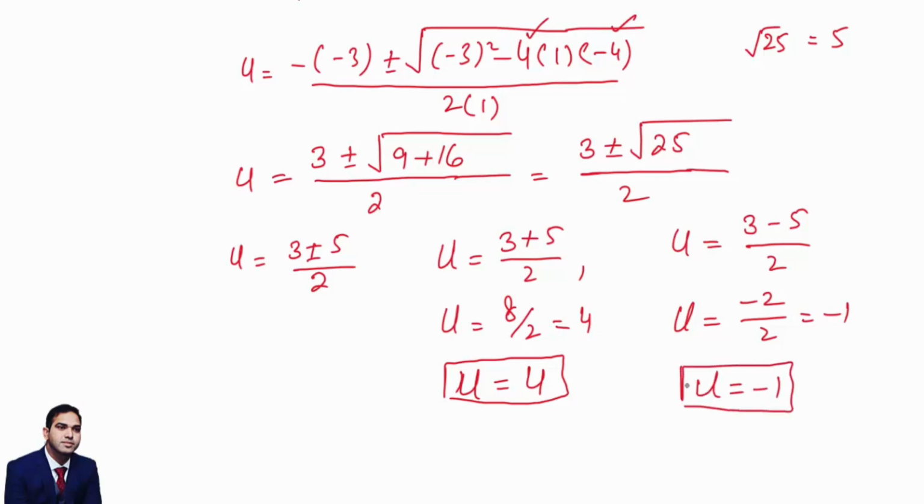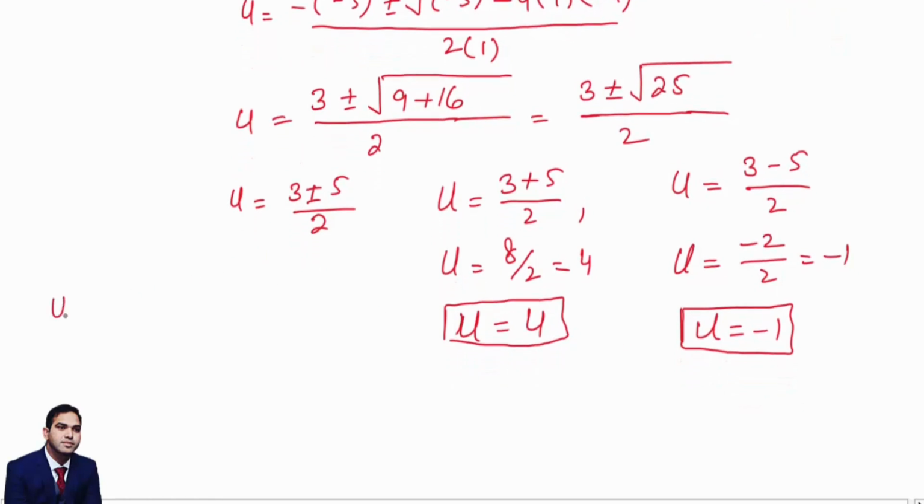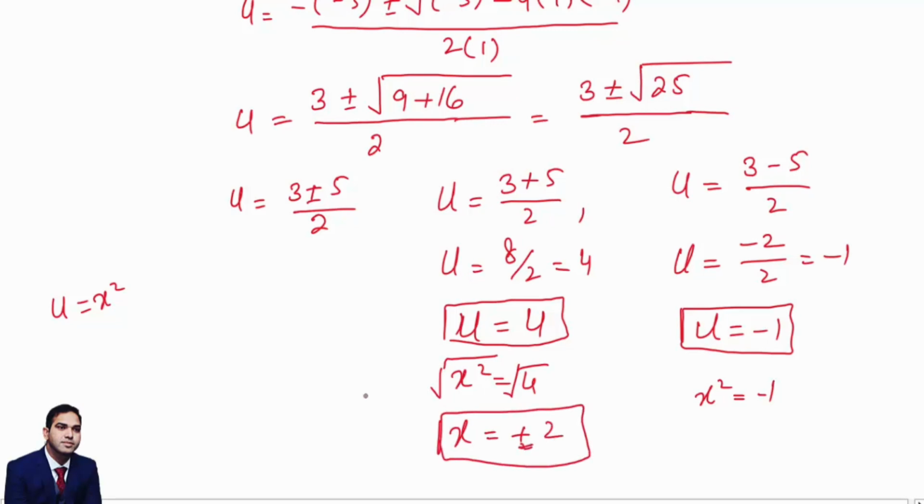These are two answers. Remember what we did in the start: we put u is equal to x square. Replacing u with x square, we get x square is equal to 4 and x square is equal to negative 1. Clear? Now taking square root on both sides, x is equal to plus minus 2. This is one solution.